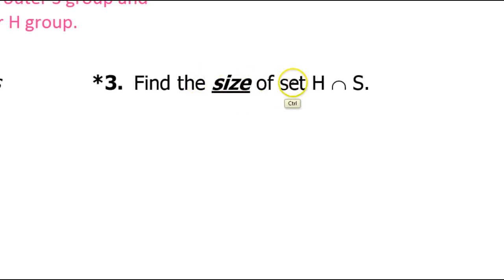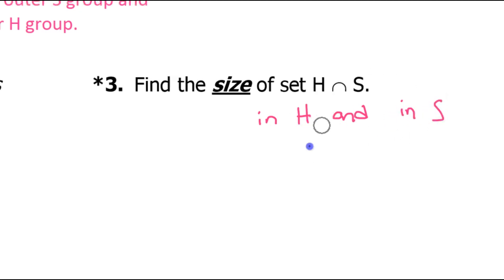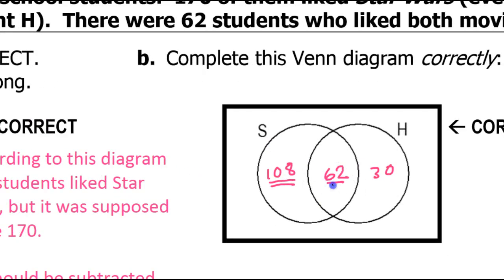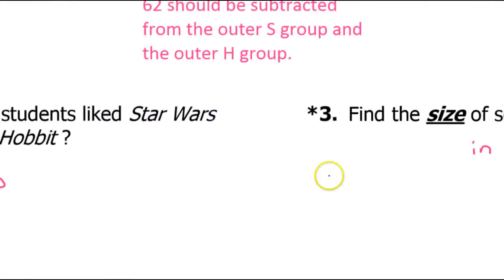Find the size of set, this is the intersection of set H and S. So we could write H and S. Or to be real specific, we're looking for how many students are in H and in S. Okay? So that's going to be this overlapping part. That's the 62.